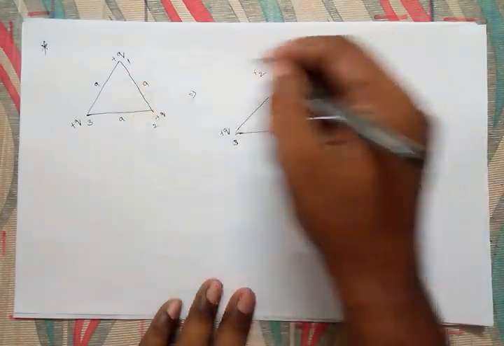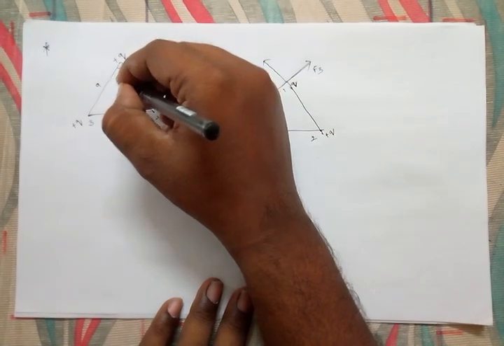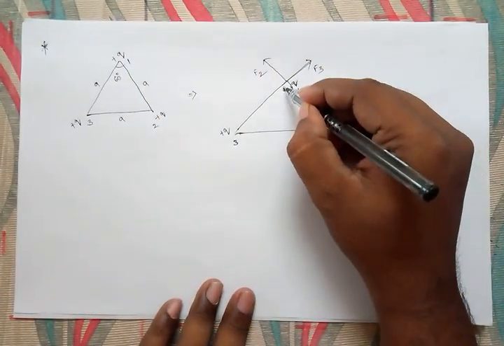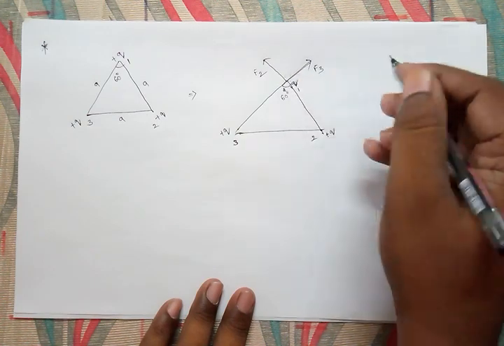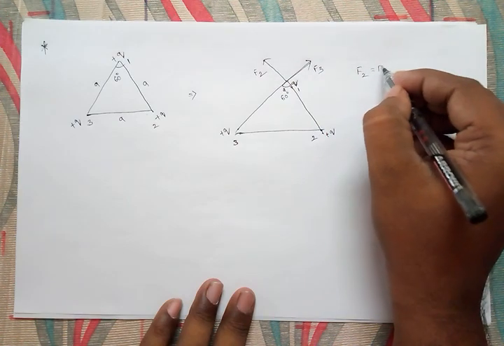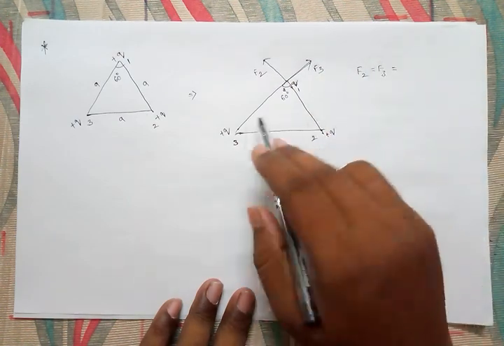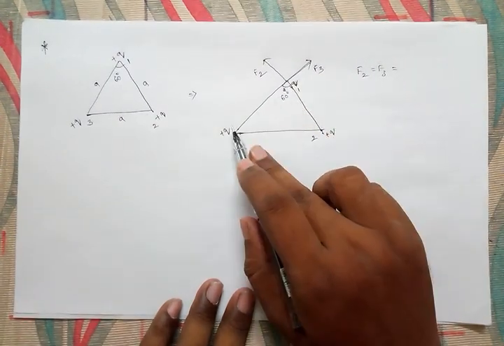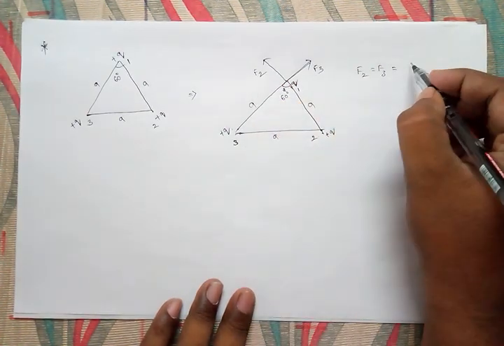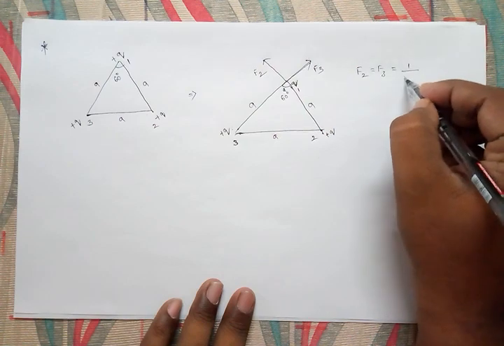Now this is an equilateral triangle, which means this angle is 60 degrees. So here the angle is 60 degrees, and F2 as well as F3 both have the same magnitude. The product of charges is the same and the distance is also the same.